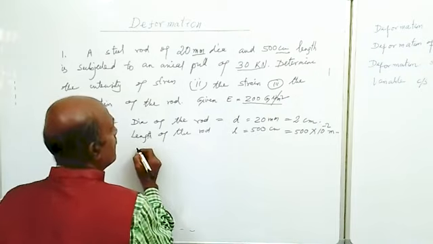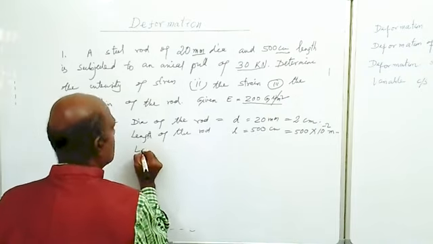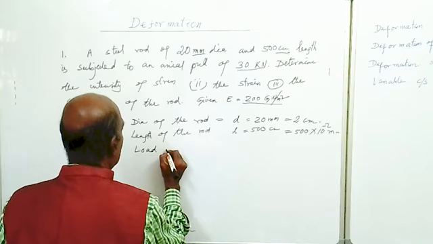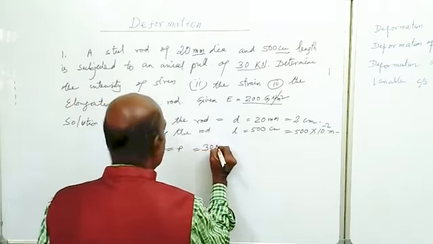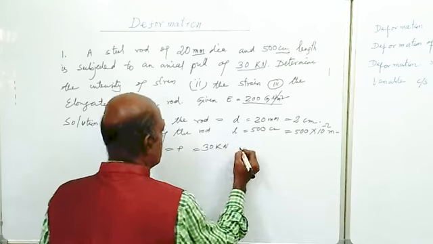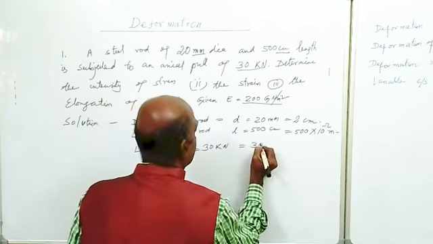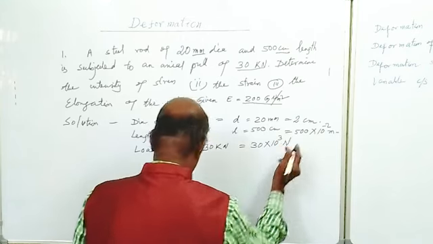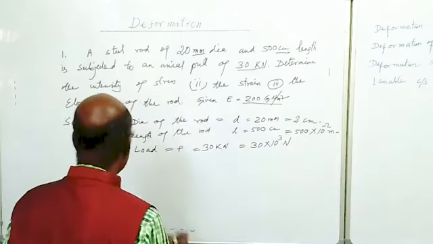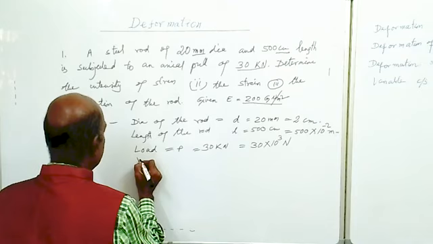Load is given, that is load P is equal to 30 kilonewton, which is 30 into 10 to the power 3 Newton.